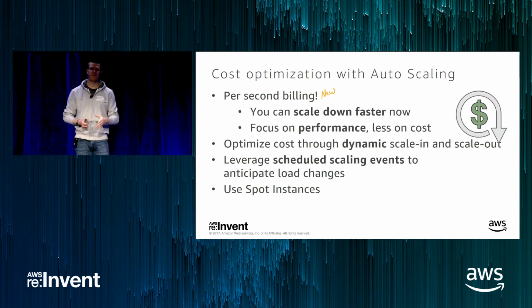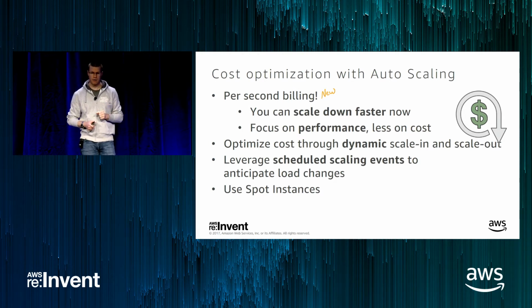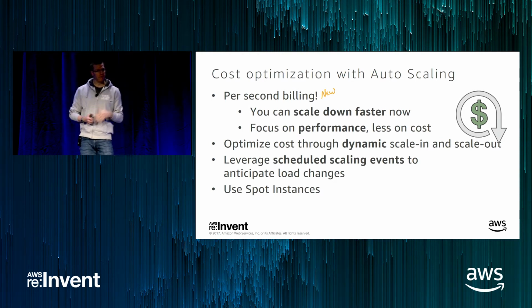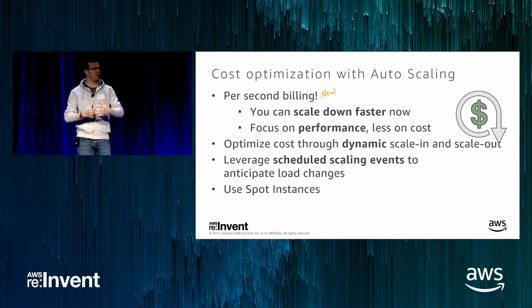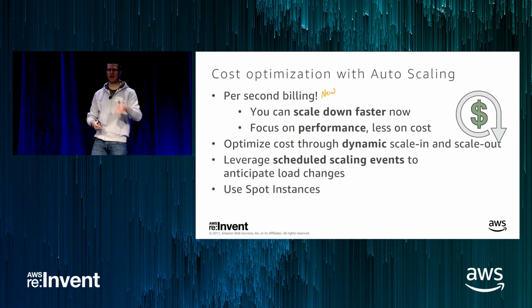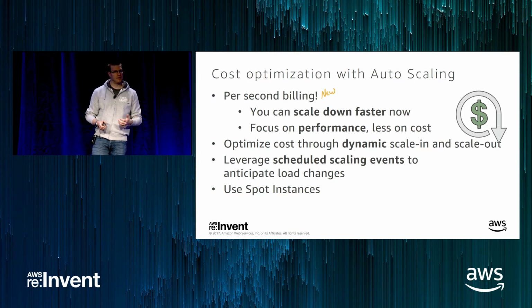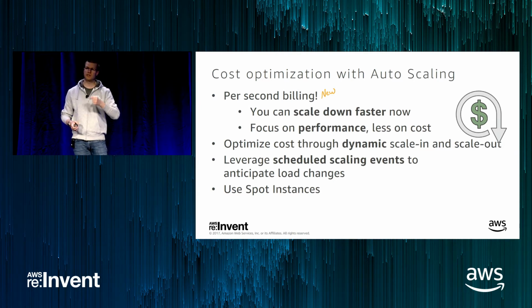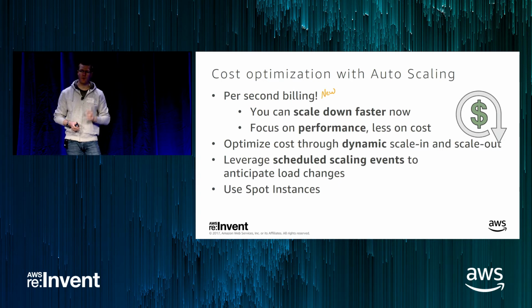If they come to the office at 8 o'clock on Monday, but I assume no developer will be there at 8 o'clock, so let's say 10 o'clock a.m., you can scale out the auto-scaling group of developer instances. And then you can scale down in the evening, like 10 p.m., for example. And then you can scale out and scale in on a daily basis. So you can schedule those scale in and scale out events within the auto-scaling groups. You don't need to trigger any Lambda function or whatever.